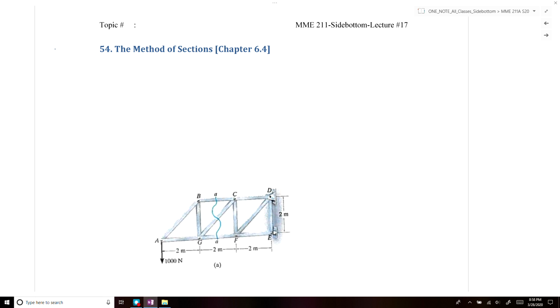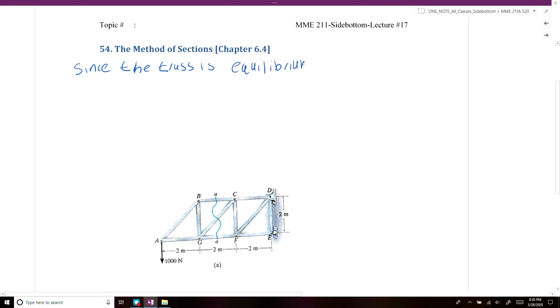What this method assumes, just like the method of joints does, is the main critical assumption that since the truss is in equilibrium, we can say that, therefore, any section within the truss will also be in equilibrium.